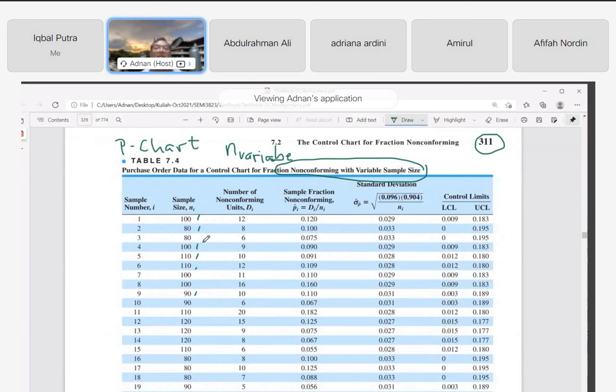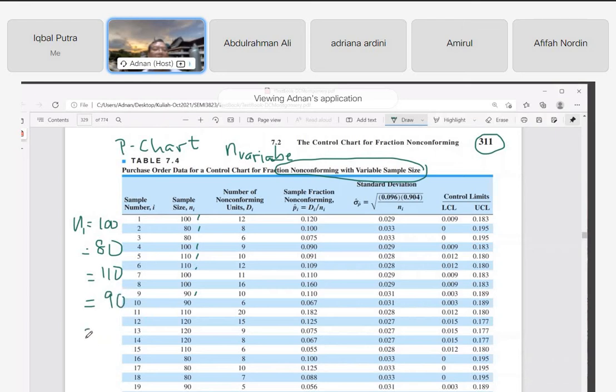So you have variation of the control limit. So for n equal to 100 there is one control limit, and then there is one for 80, one for 110, and one for 90.